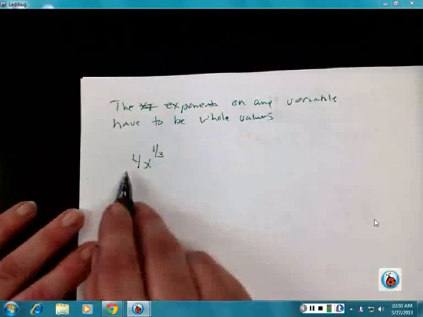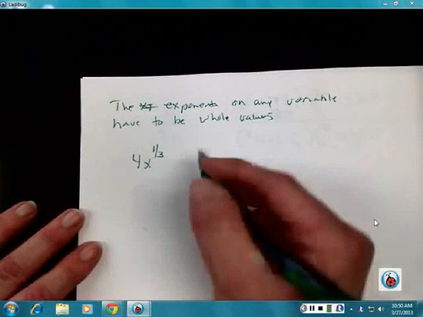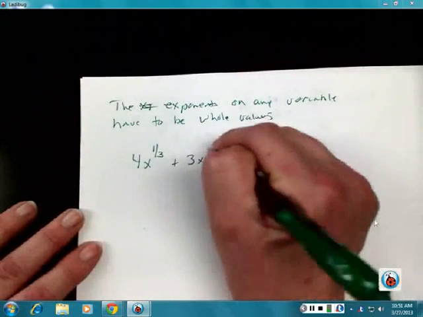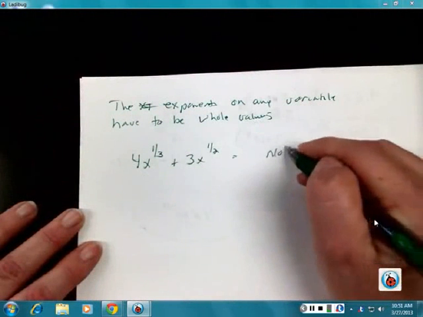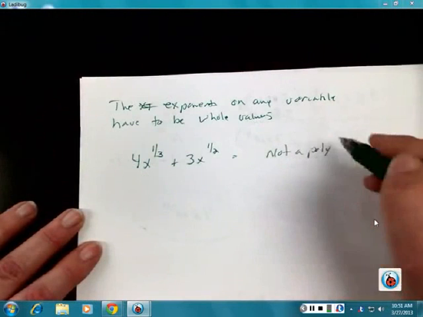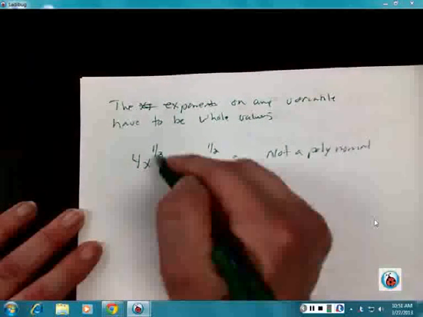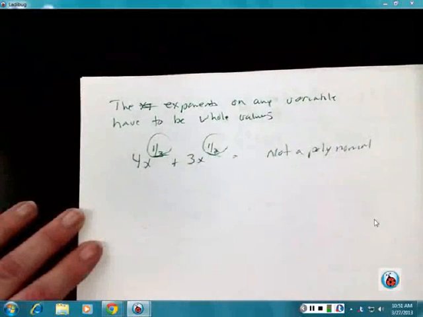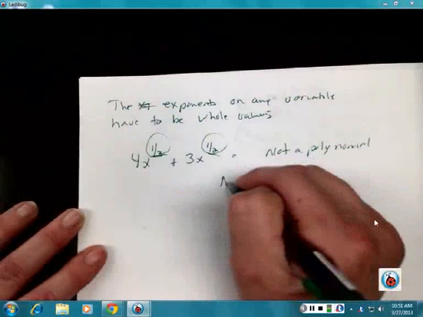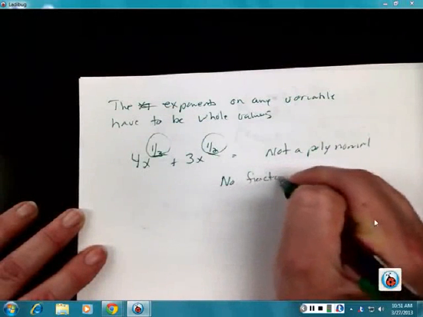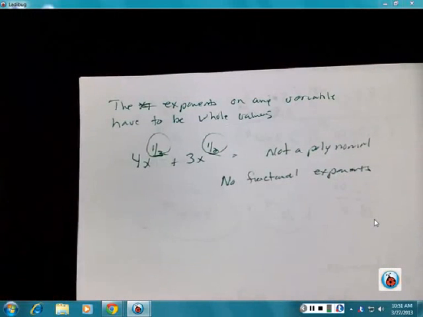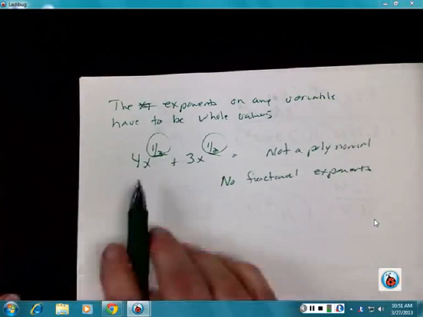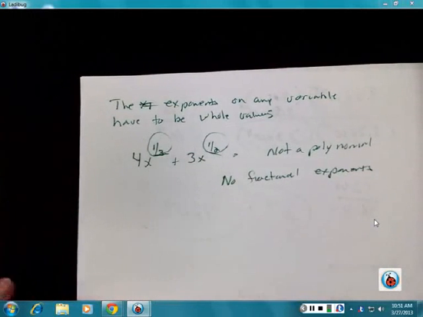So if they gave you the example of 4x to the 1/3 plus 3x to the 1/2, this is not a polynomial, because I can't have fractional exponents. Those force it to become radicals, and we don't deal with radicals in this class.